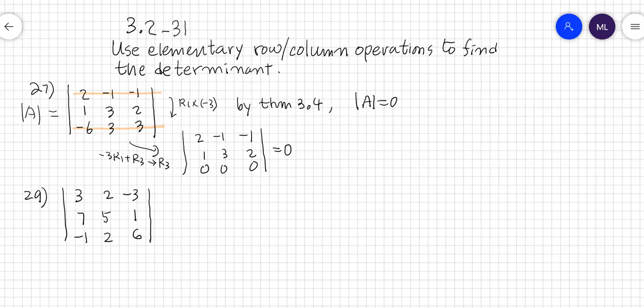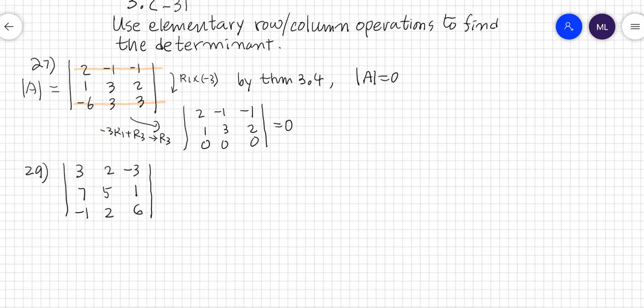So there's nothing I can do. I cannot make 0, 0, 0. So I just go straight forward. By the way, the sign of the cofactor is positive, negative, positive, then negative, positive, negative, then positive, negative, positive.